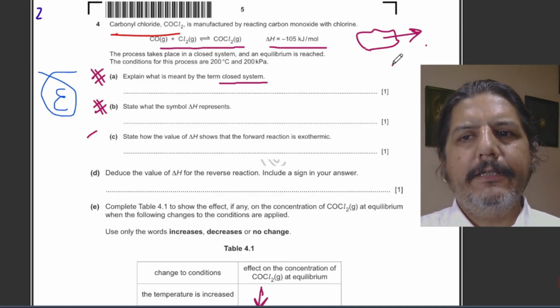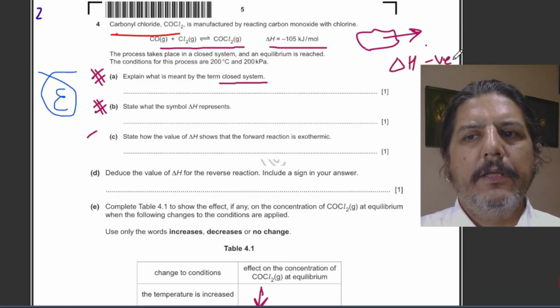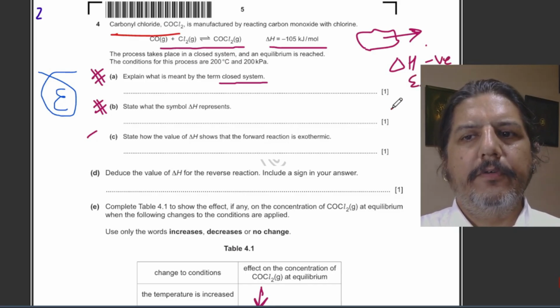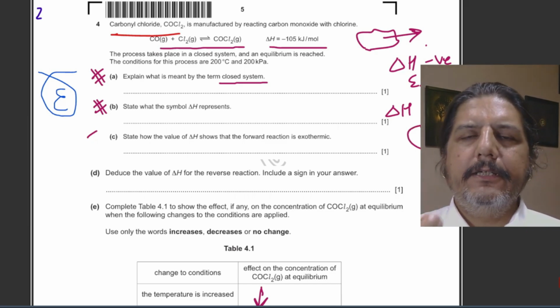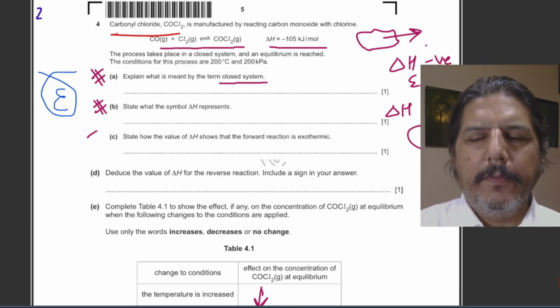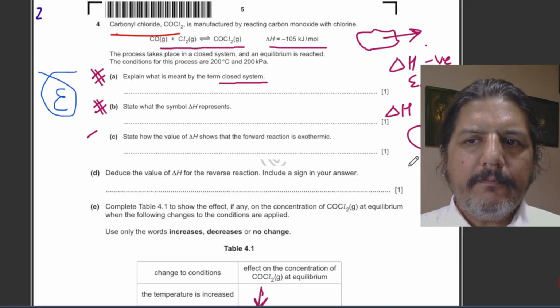Whenever you see delta H to be negative, it is always an exothermic reaction. Whenever delta H is positive, what it means is that the system has gained energy. The net energy is gained. So this would be an endothermic reaction.